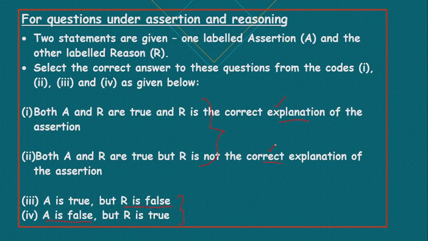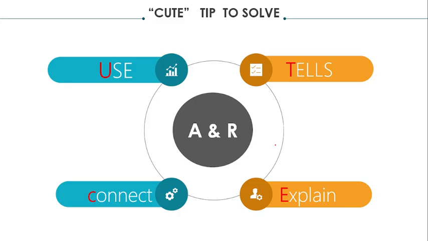When you talk about the explanation, how do you find there is a connection between the assertion statement and the reasoning statement? For that we have a clue. That clue is called CUTE. What is CUTE? C for Connect. The reason and the assertion should be talking or dealing with the same content, that is the connection. U for Use.